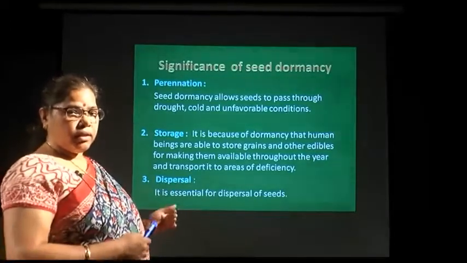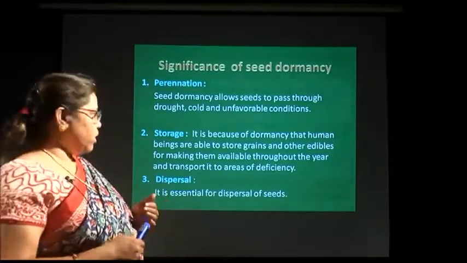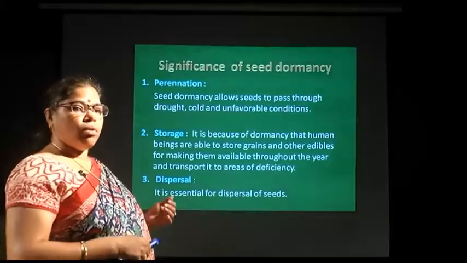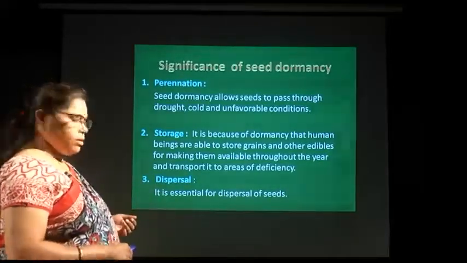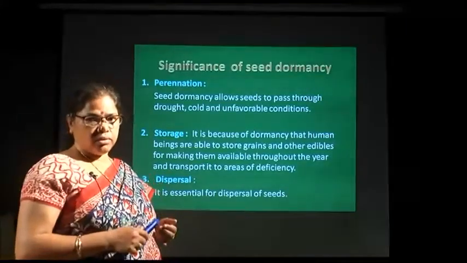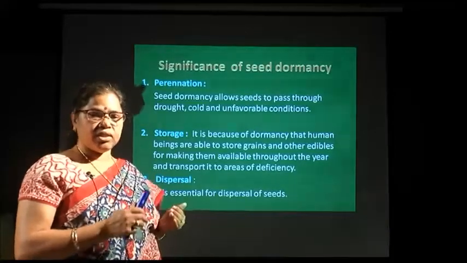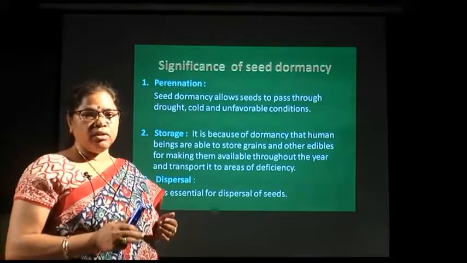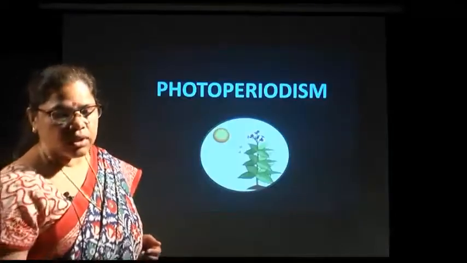Due to the dormancy of the seeds only, they can be available throughout the year to human beings. Then dispersal. Seed dormancy is also needed for seed dispersal, because for dispersal they need some time. That time may be the seed dormant period. Okay, so this is all about seed dormancy.